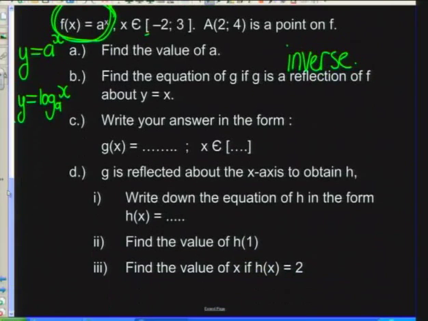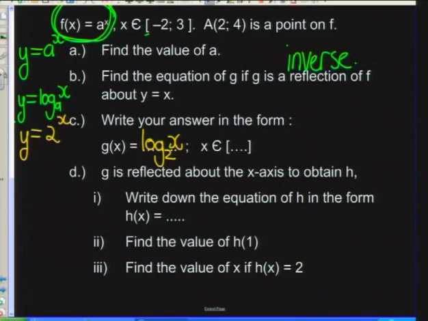So therefore, if my original graph is y is 2 to the power x, its inverse, g, will be log to the base 2 of x. Right, so I've just applied this little rule.